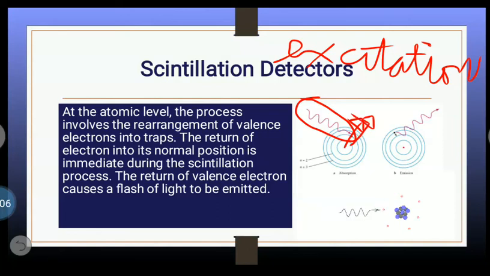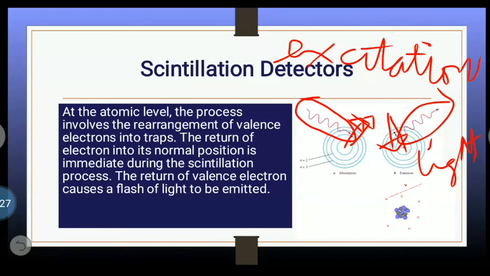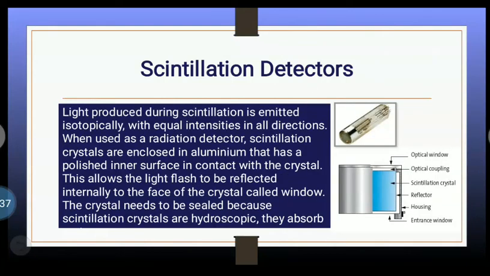Now it goes to the conduction band. And eventually it returns to its normal position, back to its valence band. So, when it is raised to a higher energy level and then goes back to its original position, there is emission of light. So, what I'm trying to say is the emission of light in a scintillation detector is similar to that of excitation. Same process, class.